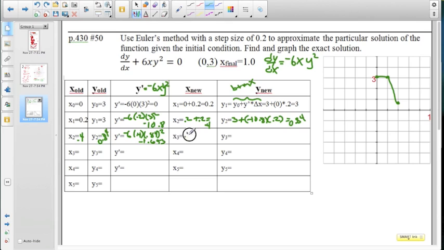If we take our step, we started at 0.4, we're going to add 0.2, so we're going to be at 0.6. And if we calculate our new y, our old y is 0.84, our slope is negative 1.693, and our step is 0.2.